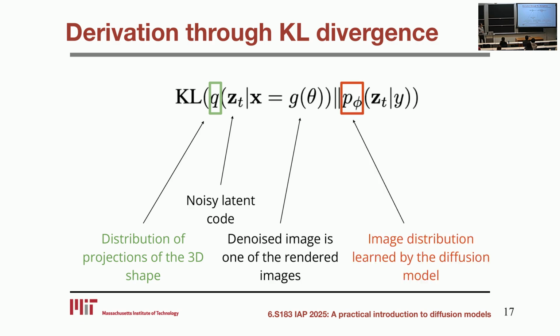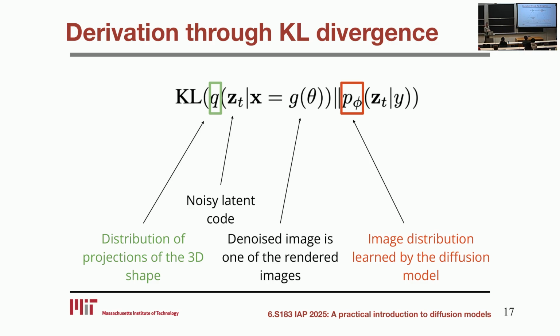And the second term is that we know the diffusion model learned some distribution. It was trained to learn the distribution of images. Even though we don't have direct access to this distribution, it contains knowledge about how likely each image is and how unlikely it is. This distribution that the diffusion model learned is P phi.